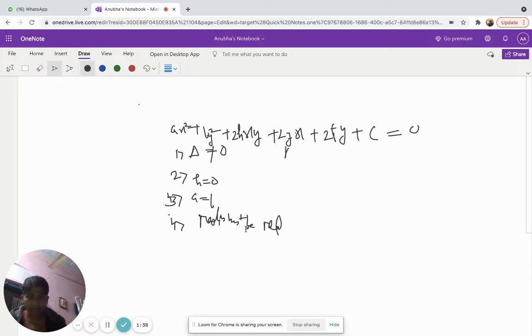Let's say we have one circle. Basically, a circle is a locus of points that is equidistant from a fixed point.